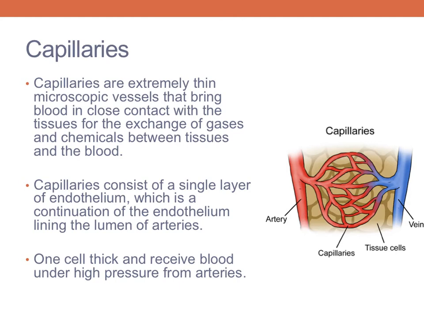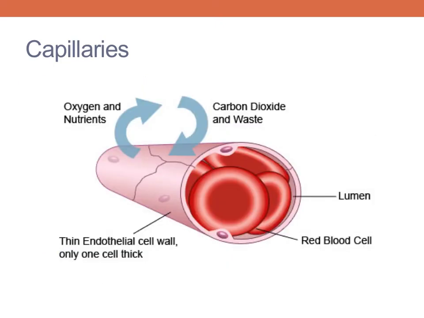They are 1 red blood cell wide, and they bring the blood in close contact with the tissues for the exchange of gases and chemicals. They consist of a single layer of endothelium, which is a continuation of the endothelium lining the lumen of arteries. So it's sort of one piece, that endothelium, and they receive blood under high pressure from the arteries.